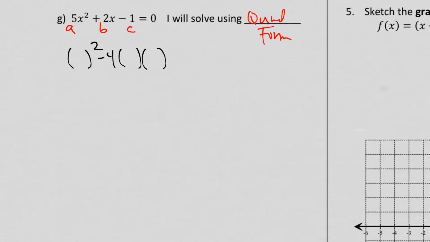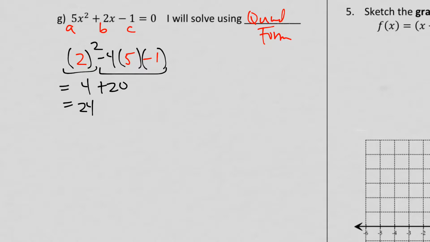So again, B squared, so B is 2 minus 4AC. And this results in 4. And then negative 4 times 5 times negative 1 is plus 20. So I get a discriminant of 24. And again, that means I'm going to have 2 real solutions.